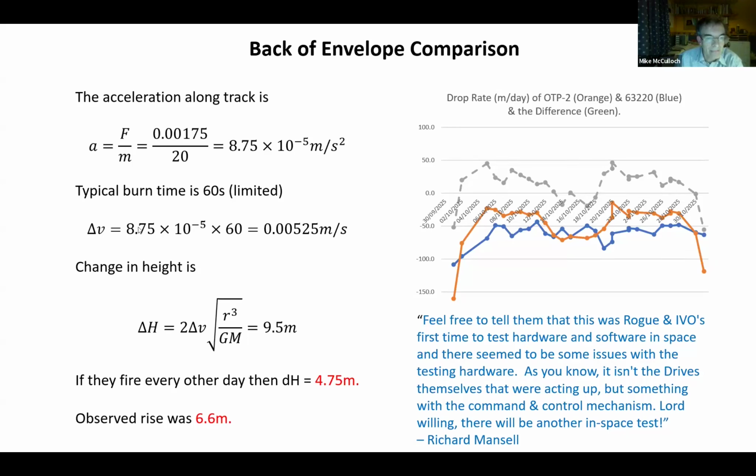And if you take that into account, it predicts that the change of height should be about 10 meters or so per burn. And then if they fire it every other day, which is, I was monitoring them for some time, and I think that's roughly what they did, or maybe every 3 days or something like that, then the change of height should be about 5 meters, which is not far from what they were seeing, about 6.6 meters.